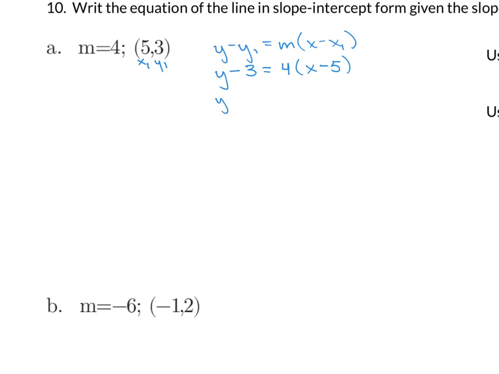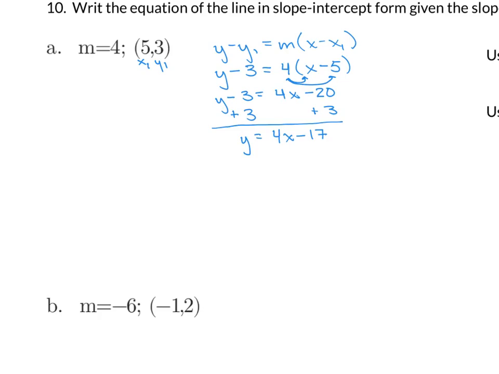So we're going to start by distributing. We get 4x minus 20. And finally, to get y by itself, we add 3 to both sides, and we get y equals 4x minus 17.